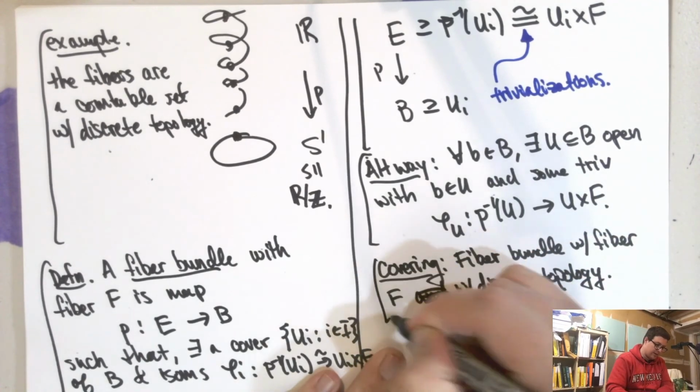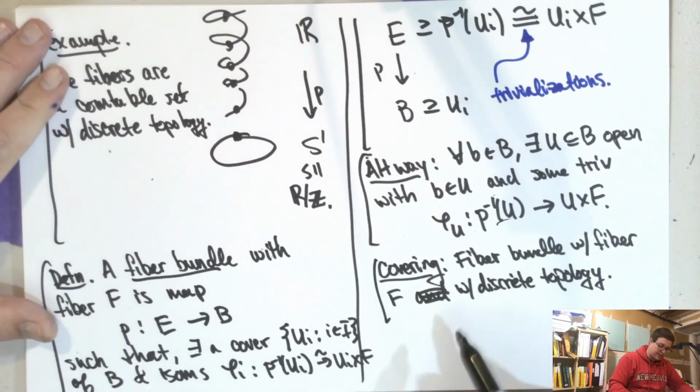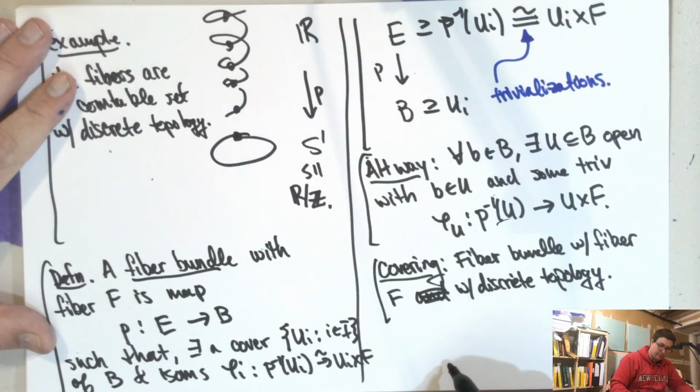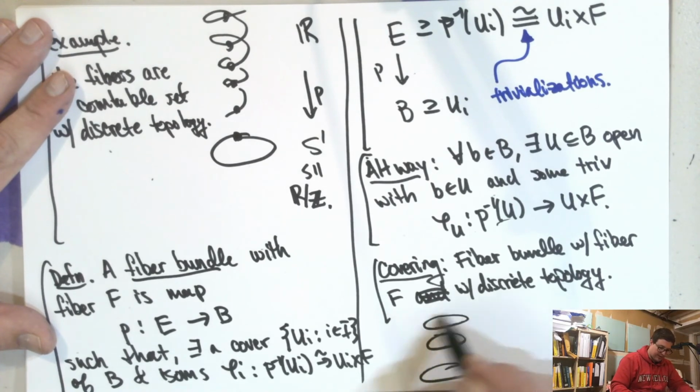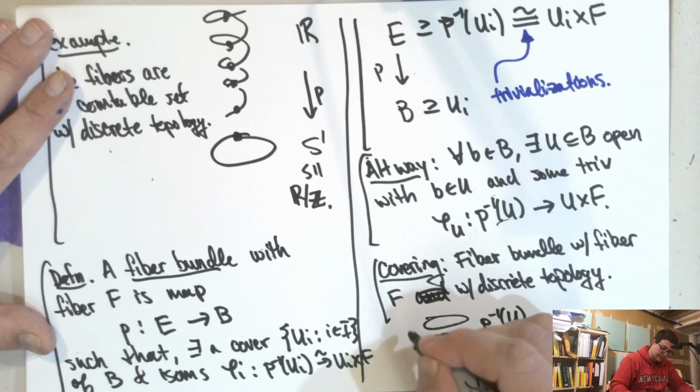Okay, so here we have this, and then this is given the product topology. And so what does that mean? That means, over an open set U, if we have a finite set, so this is U, and this would be P inverse of U, it would be like this.